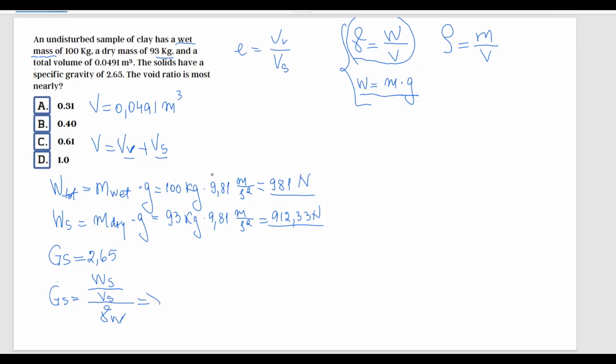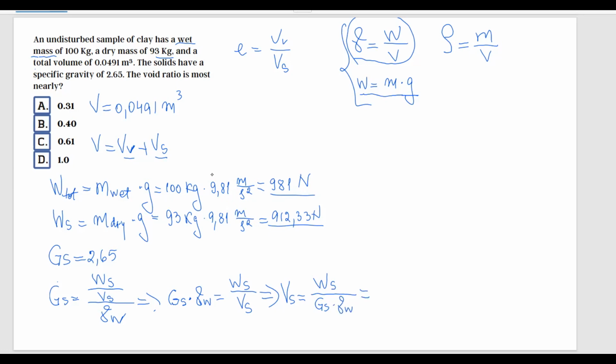And from here, we can say that specific gravity multiplied by gamma water is equal to weight of solids divided by volume of solids. So now I can say volume of solids is equal to weight of solids divided by specific gravity multiplied by gamma water.